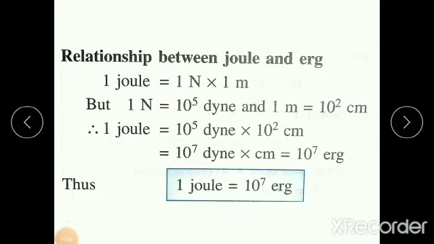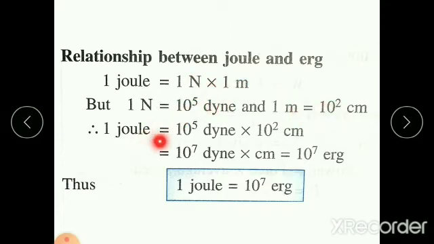Now you know what is a joule and erg. Let's see the relationship between joule and erg. So you know that 1 joule is equal to 1 newton into 1 meter, but 1 newton is equal to 10 to the power 5 dyne, and you know 1 meter is equal to 100 centimeter, that can be written as 10 to the power 2 centimeter. So you can substitute these values here.